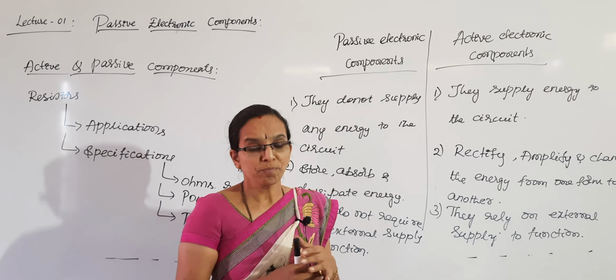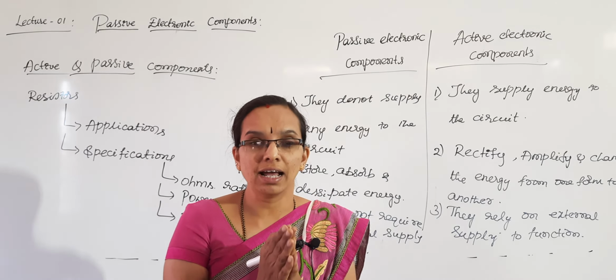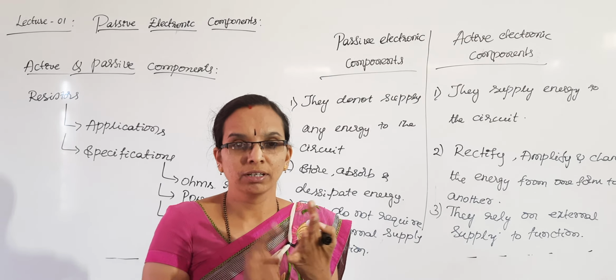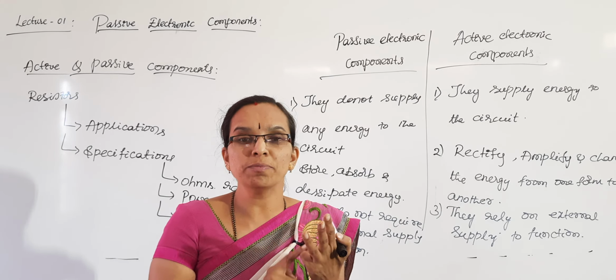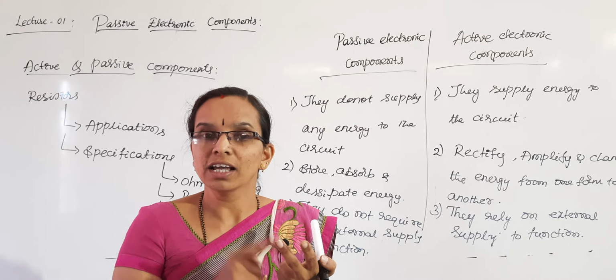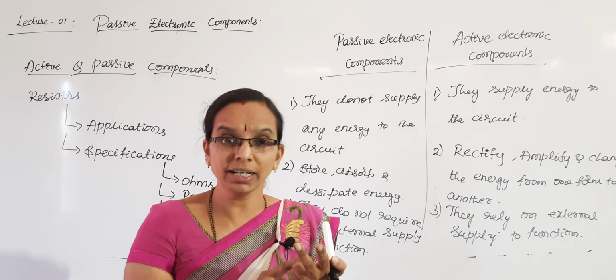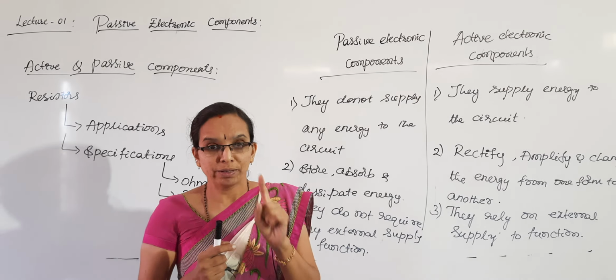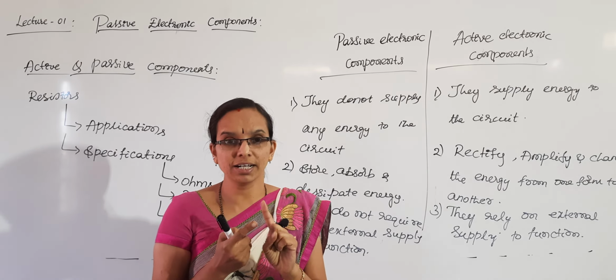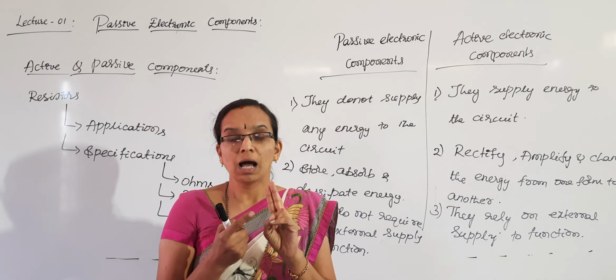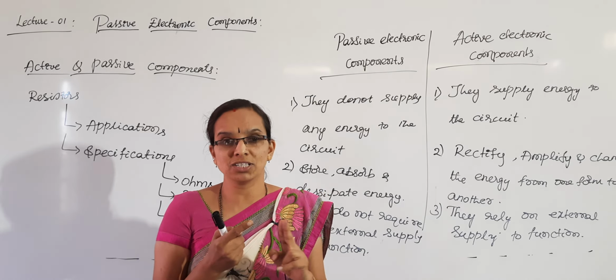That means they should be biased first. The diode will conduct when it is forward biased, and will not conduct when it is reverse biased. Biasing, which we have studied, means applying external voltage.